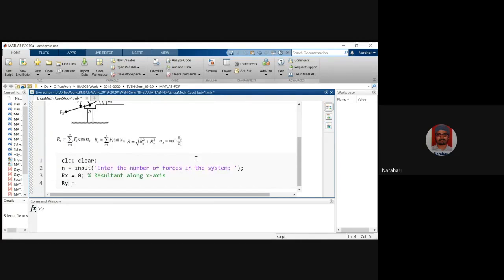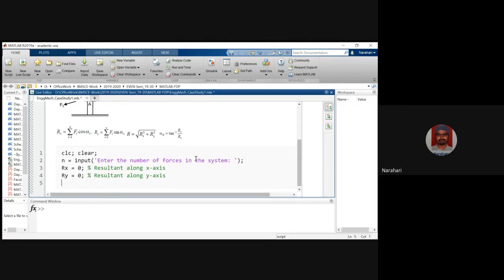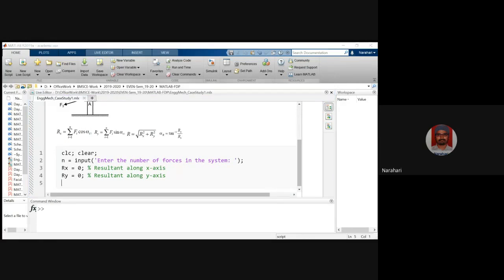Ry equals 0. I will copy paste this. Again, commenting, maybe you can avoid right now. Commenting is a very good coding practice, you people should comment your code. But right now, if you are following along with me and your typing is a little slow, then you may just skip this commenting part and go ahead with the coding part alone.